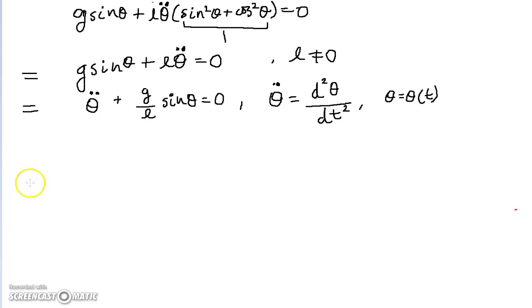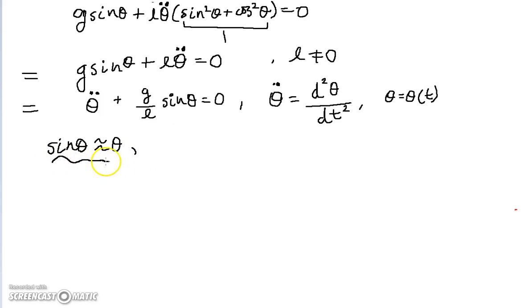So, for small angles, it's a known fact that sine theta is approximately theta when theta is small. And by the way, we always work in radians when we deal with small angles.